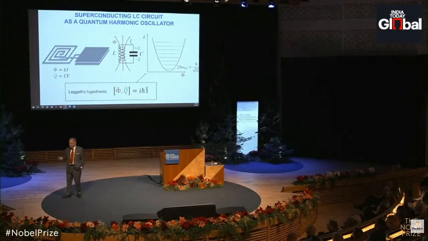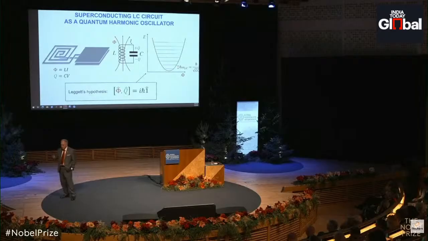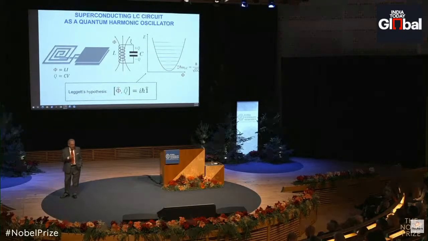And therefore, if you follow this idea, which is the equation at the bottom, then you expect that there will be quantized energy levels, as John mentioned in his talk. But this will happen essentially in any circuit. In the case of this inductor and capacitor, you have actually equidistant energy levels.